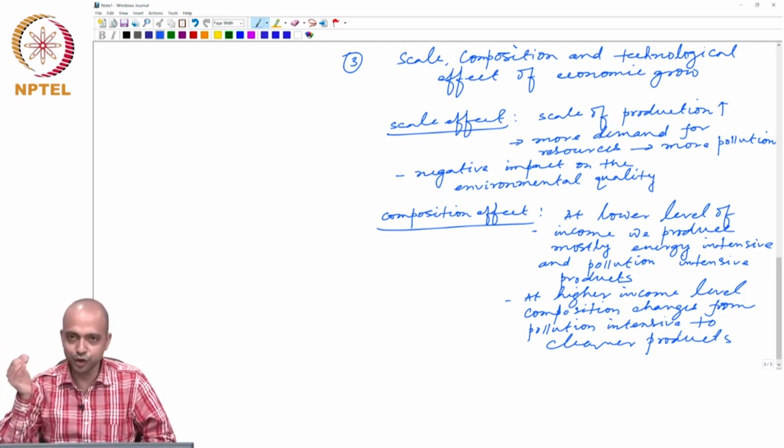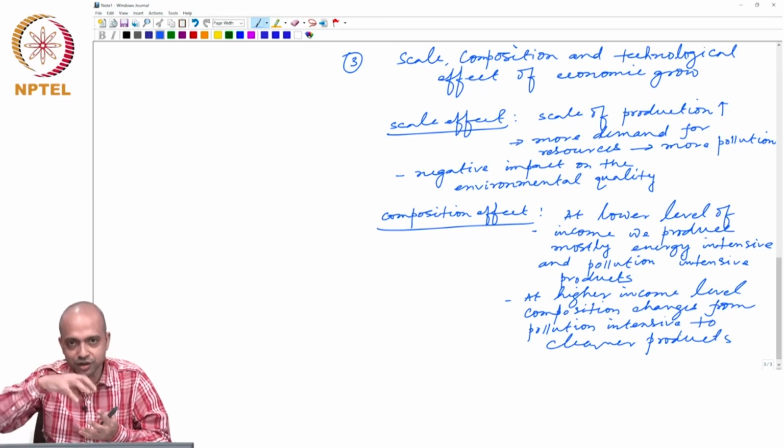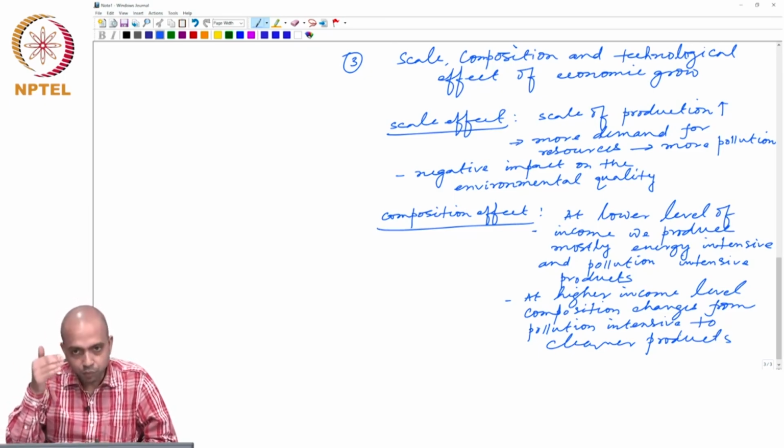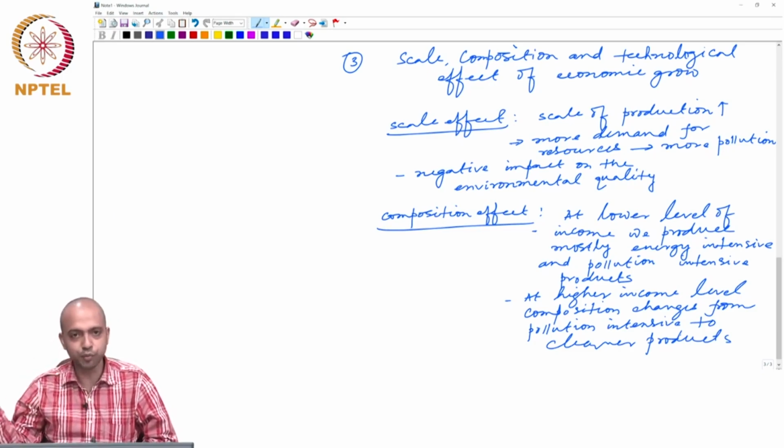At higher level of income, this composition of goods and services changes from more pollution intensive, more energy intensive to cleaner products, less energy intensive products, from manufacturing to service.